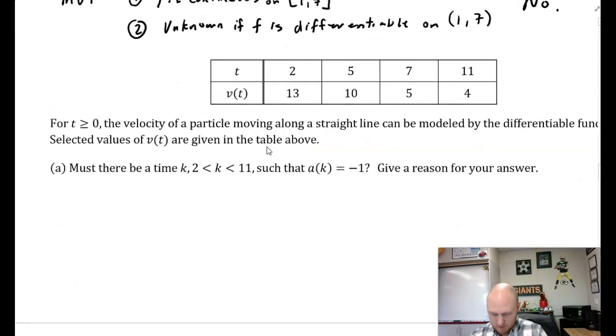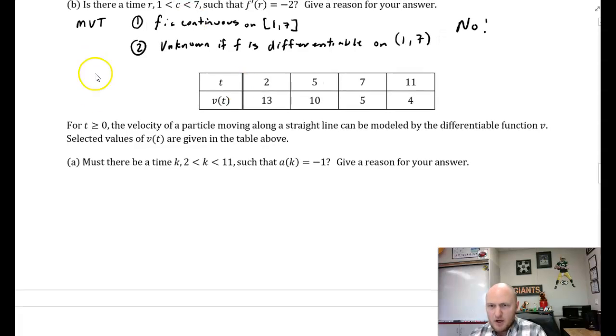All right, example number 2. For t greater than 0, the velocity of a particle moving along a straight line can be modeled by the differentiable function v. Okay, differentiable function v. Selected values of v of t are given in the table above. Okay, must there be a time k, 2 less than k less than 11, such that a of k is equal to -1?